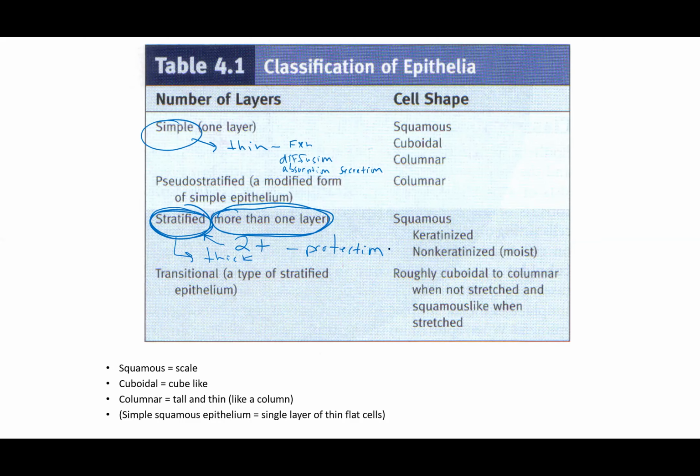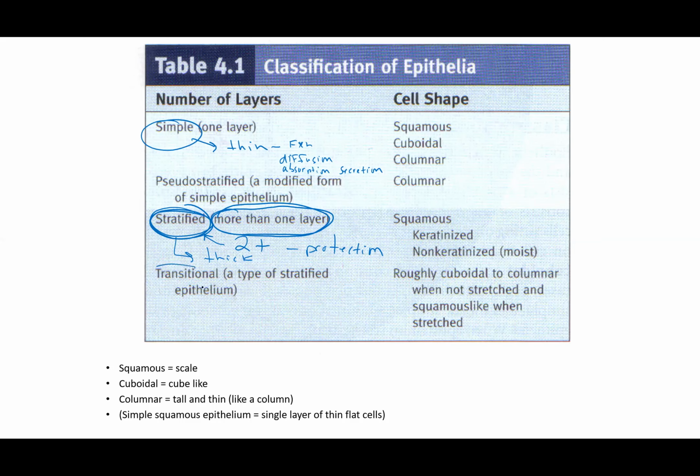Well, of course, people would say they'd rather have the armor. Why? Because it's thick. It's more protective. I'm not going to get road rash if I'm wearing all this stuff because it's very thick. So your stratified epithelial tissue is there to protect you.